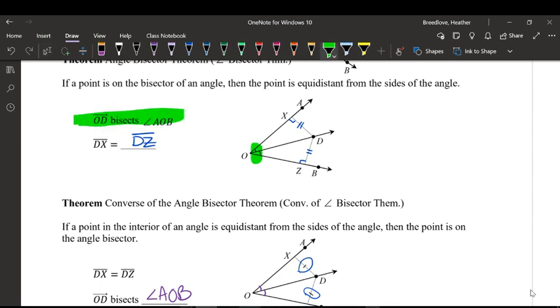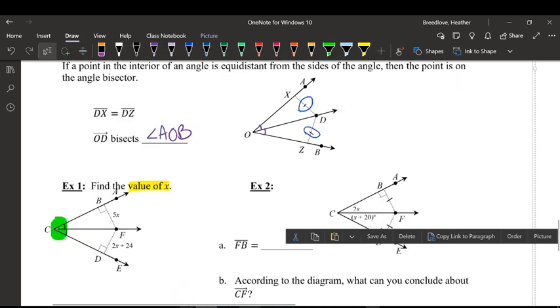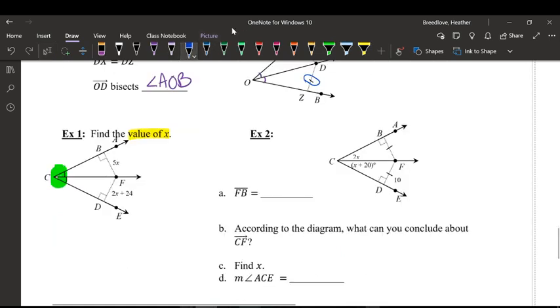When you're given that the angle is bisected, you know the distances between the point and the sides of the angle are congruent. So that's what we're going to apply here. We're given that the angle has been bisected, so these pieces are congruent. So 5x equals 2x plus 24.